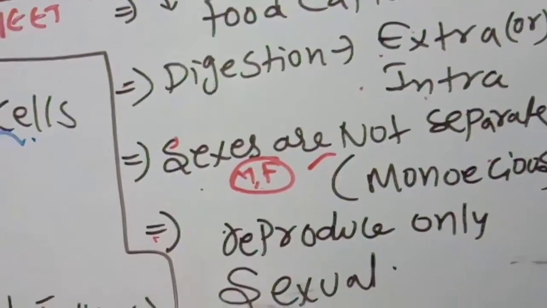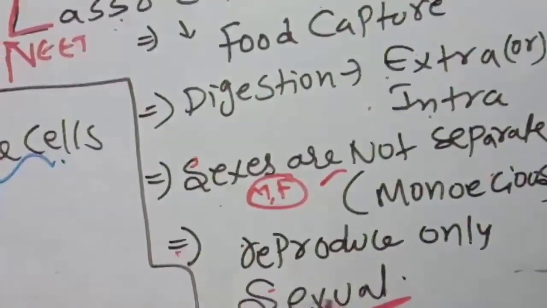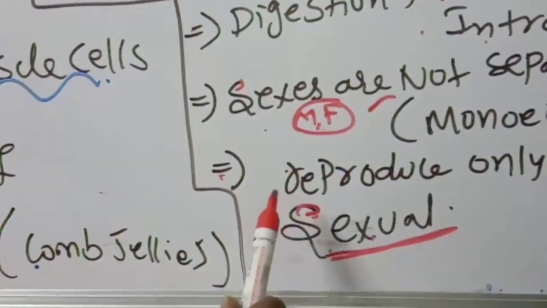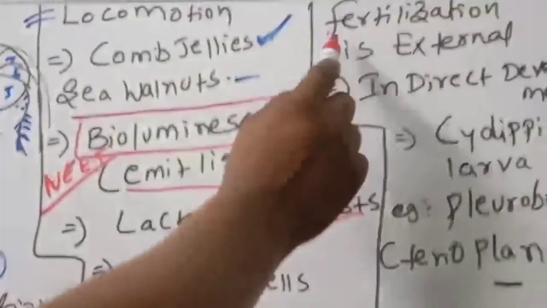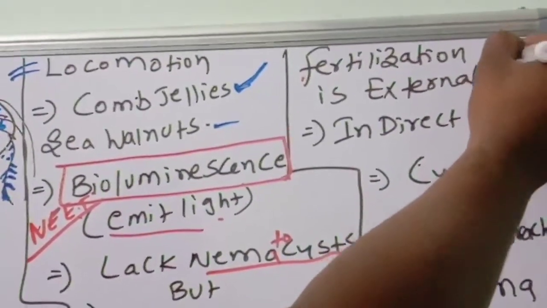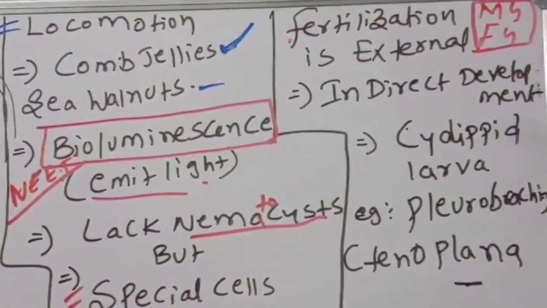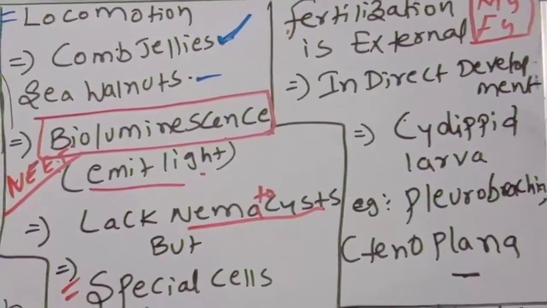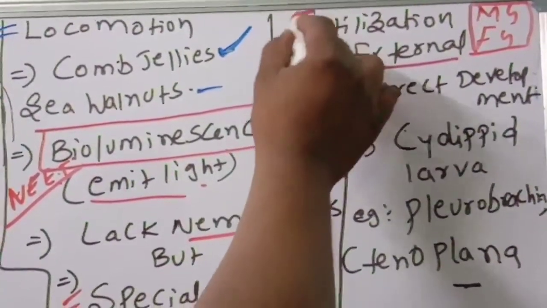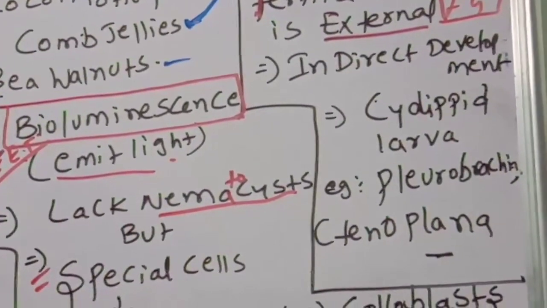They reproduce only sexually, means male and female gametes compulsorily join and produce a zygote. Fertilization is external. What is fertilization? The combination of male gamete and female gamete. If it happens outside of the body, it is called external fertilization.